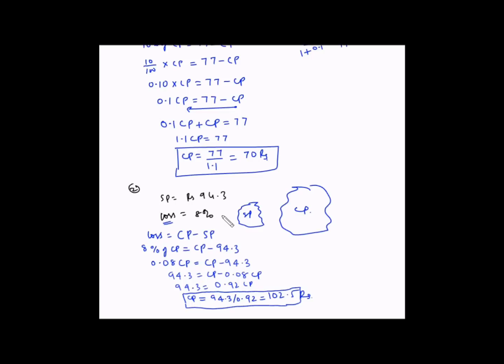Now if we have to calculate it really quickly, what we can do is put the selling price on top, which is 94.3, and divide this by 1 minus, and since this is in terms of percent, 8 divided by 100, which is 0.08. So this will be equal to 94.3 divided by 0.92, which is equal to 102.5 rupees.